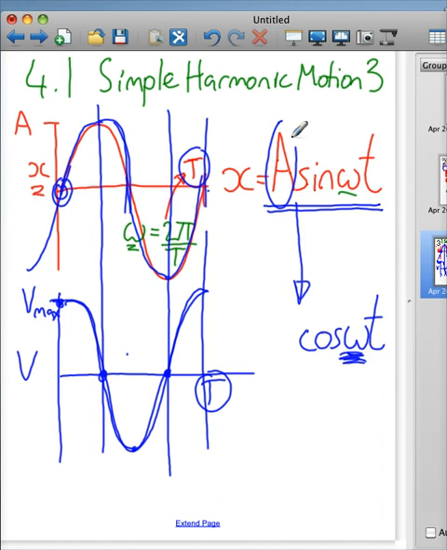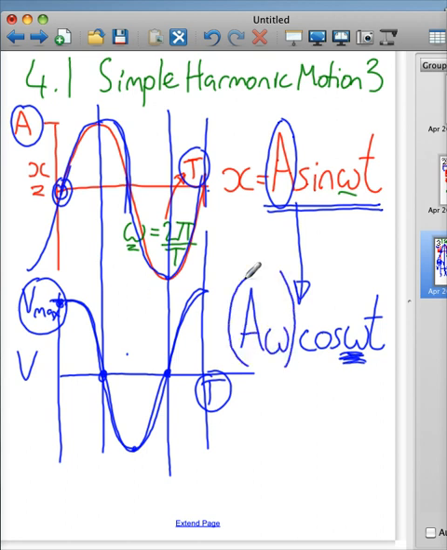The amplitude is connected to this amplitude, but we have to put in an omega out the front. So the new V max is the displacement amplitude times omega.